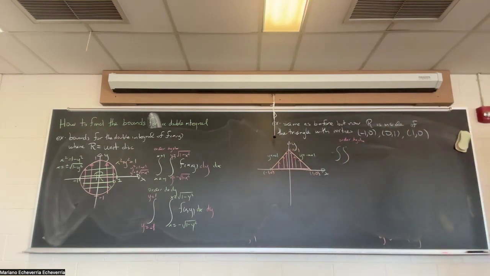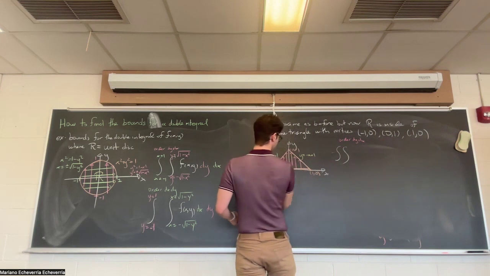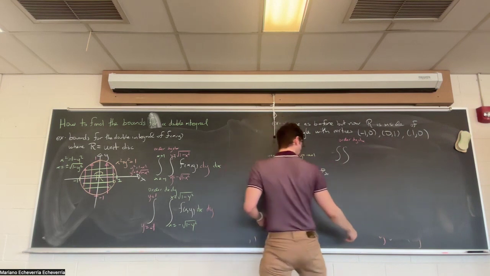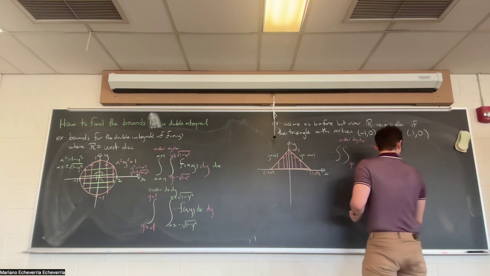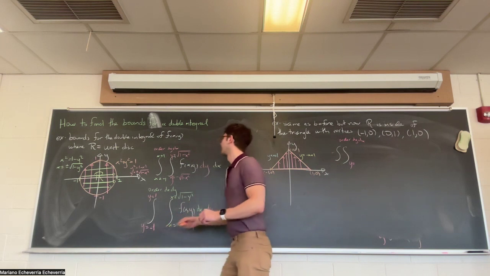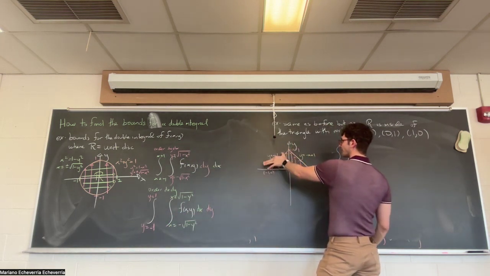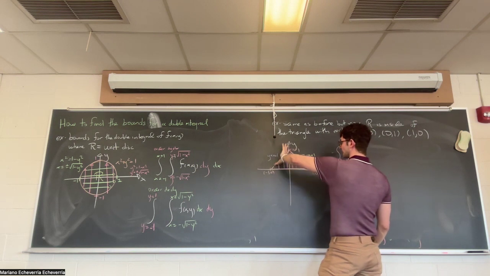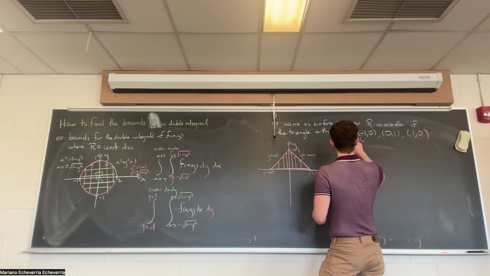Okay, so all the arrows start at y equals 0. So let's just put that here. But say you want the part that terminates at y equals x plus 1, which is the left side. So let's put here y equals x plus 1.